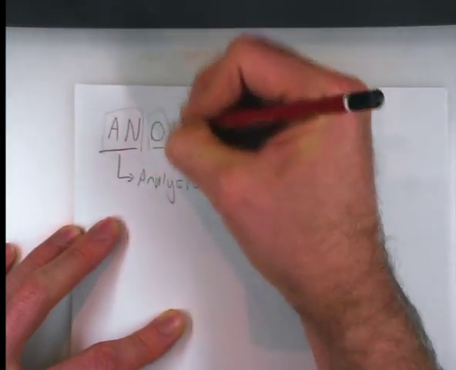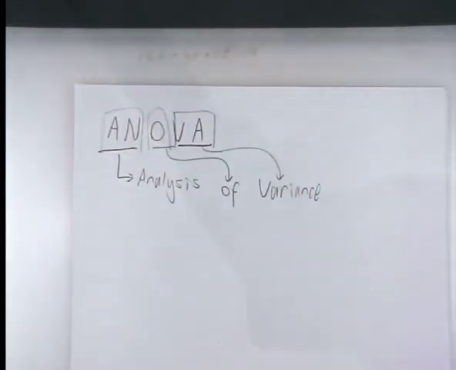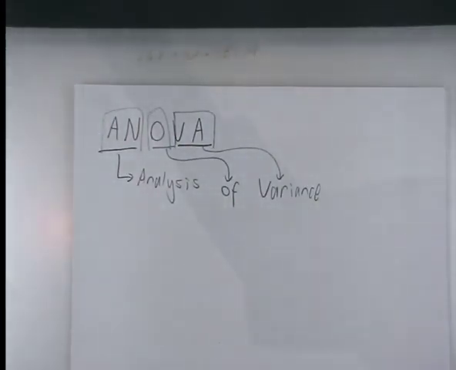So analysis of variance, that's what Anova stands for. And Anova actually makes way more sense, like the calculations are harder, but it makes way more sense than the t-test because it matches better to that diagram that I drew. So for me personally, it makes more sense.